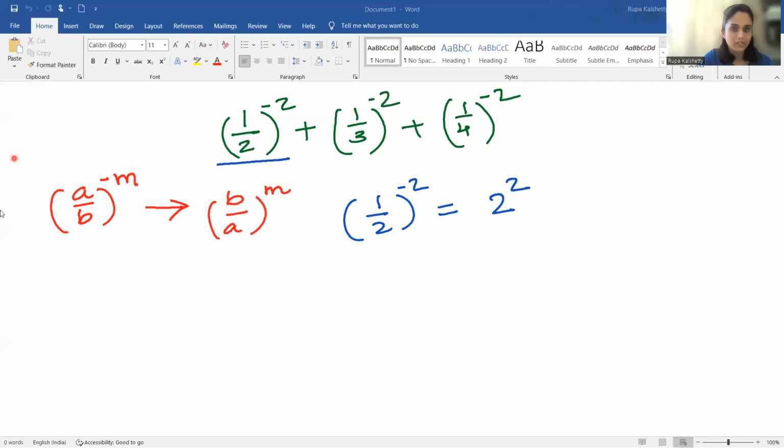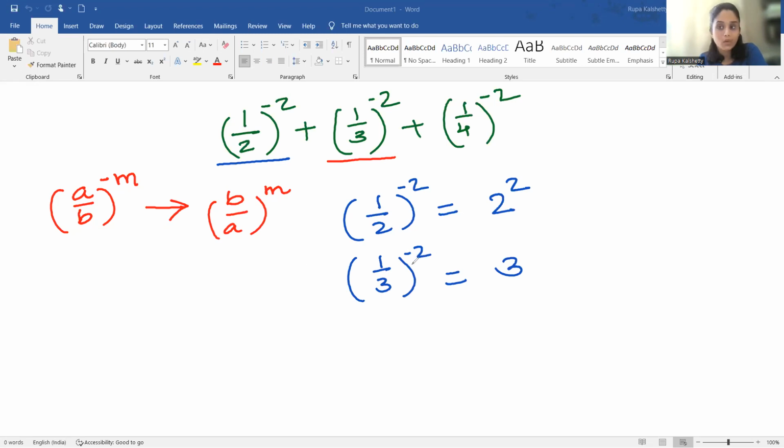Similarly, let's rewrite the second term, which is this. We can rewrite 1/3 to the power of negative 2 as, tell me, what will you be writing it as? You'll be flipping 1 over 3, that becomes 3 over 1, which is nothing but 3.